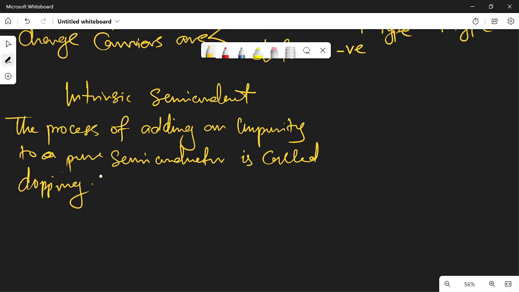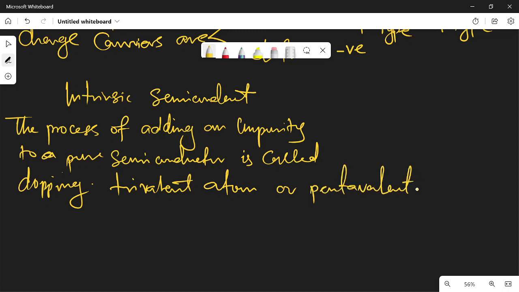So when we talk about this impurity, it can either be a trivalent atom or a pentavalent atom. When we say trivalent atom, we are talking about the group 3 element.